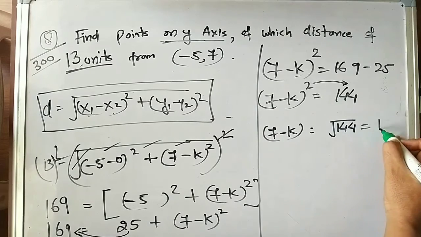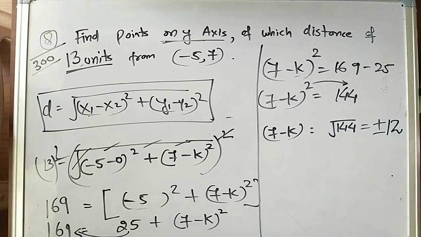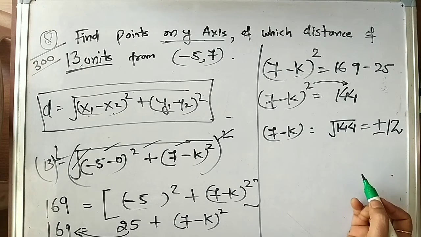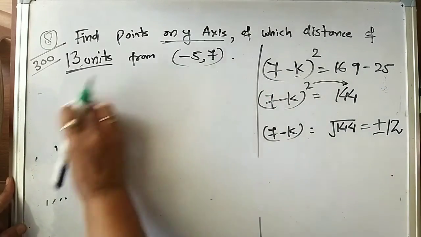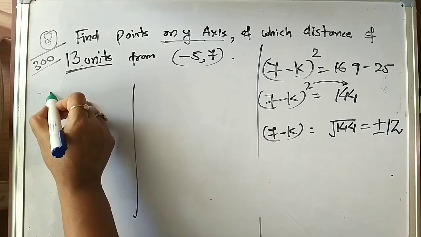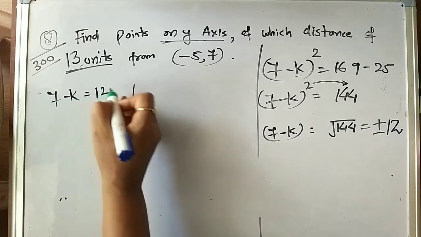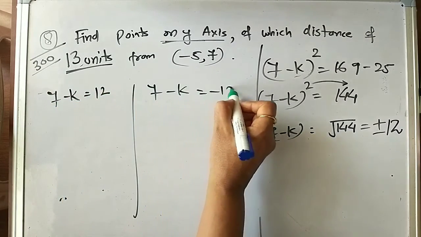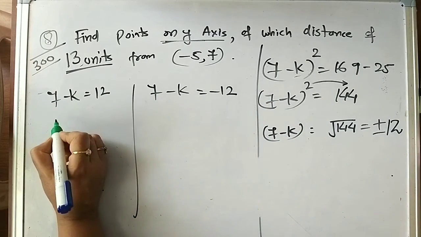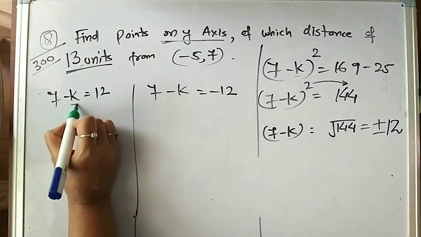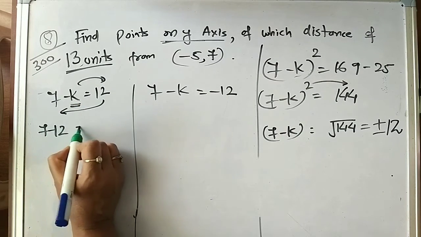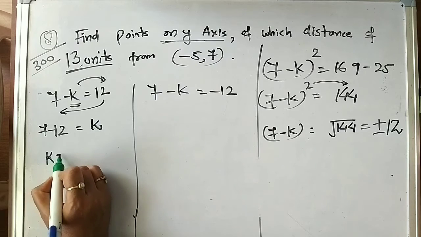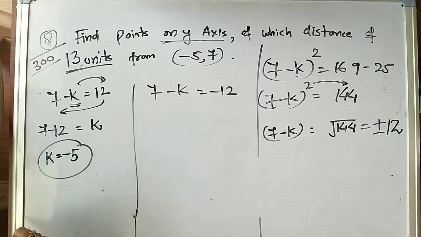Whenever we take a root, it will give plus and minus values, both values. So that means there are two possible answers. Understood? One may be when 7 minus k is 12 or 7 minus k is minus 12. So for 7 minus k equal to 12, k is 7 minus 12, so k is minus 5.